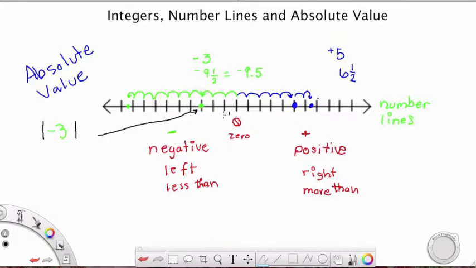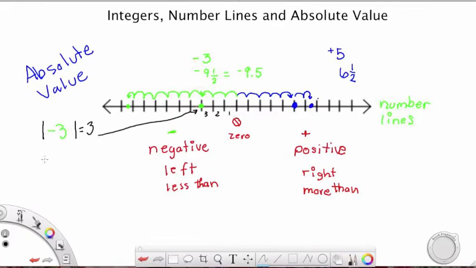It's 1, 2, 3 spaces, or units from 0. So we would say its absolute value is 3. Even though it's a negative number, it has an absolute value of 3 because we're just measuring how many units it is from 0, how far it is from home base.